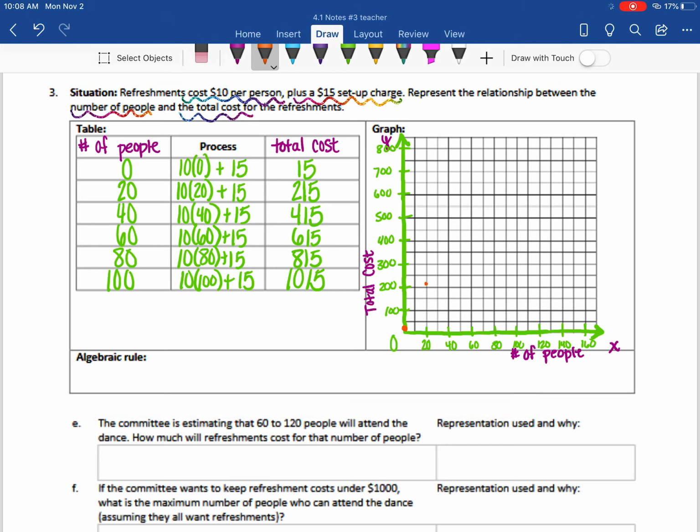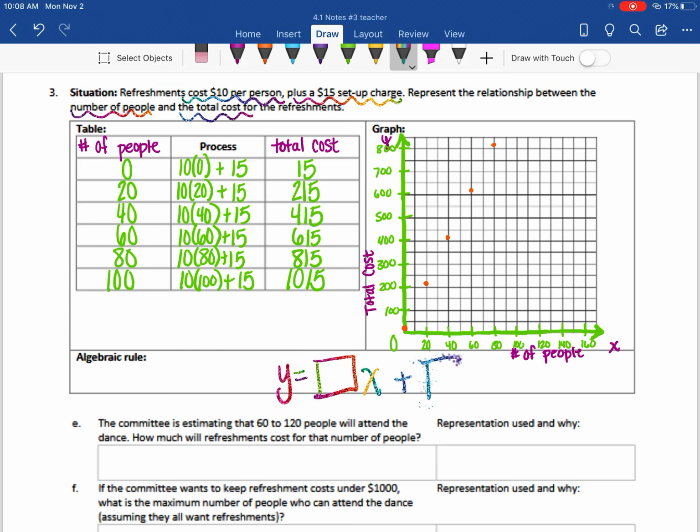Again, I'm going to have to estimate where that is. 40 people, $415. 60 people, $615. 80 people, $815. And I can't fit any more than that on the graph, but that's a good picture for us. All right, so now we're going to write our rule.